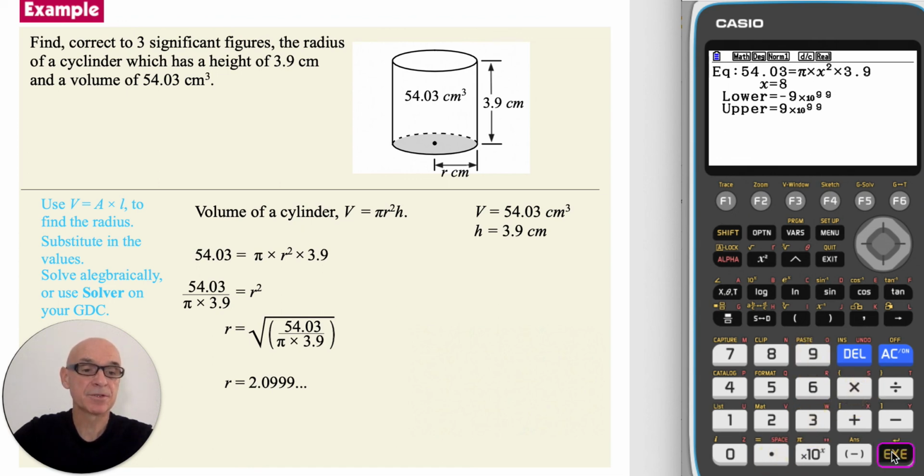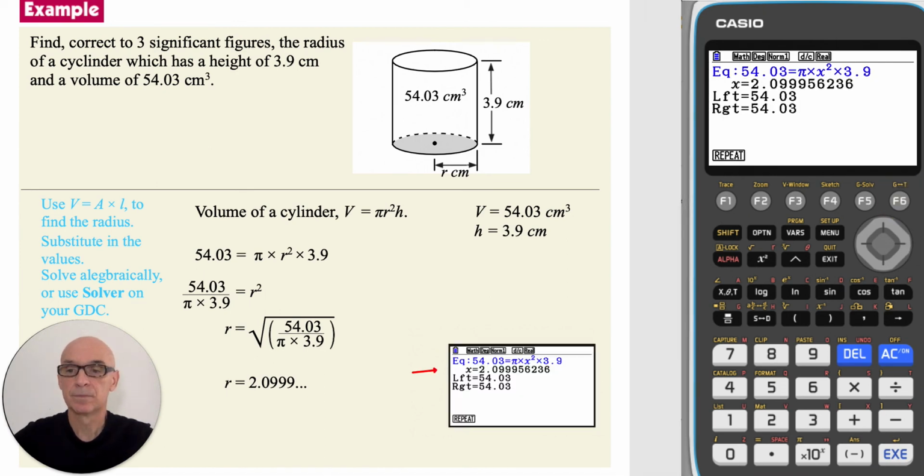Pressing execute to enter the equation, and F6 to solve the equation. Again, given the value shown. So the radius of the cylinder is 2.10 centimeters, correct to 3 significant figures.